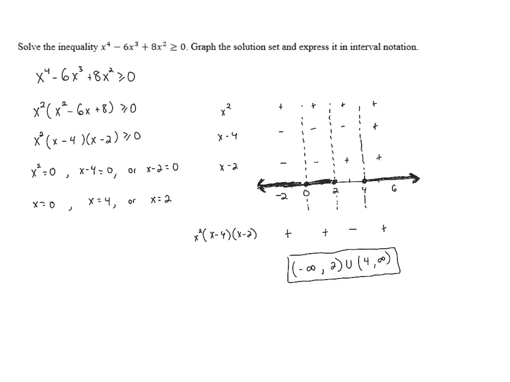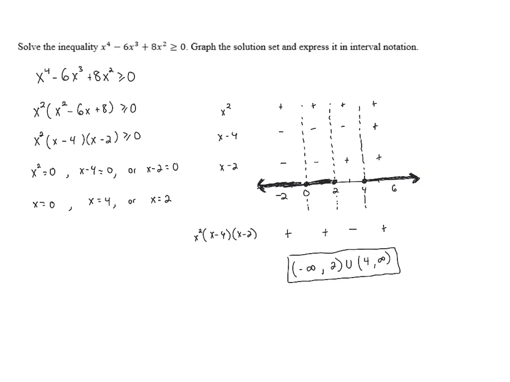Now, I do want to explain one more little thing here. This is just tangential. We recall from an earlier video that there's a relationship between this number line and then also the graph of y equals x to the fourth minus 6x cubed plus 8x squared. Because we wanted to see where this is greater than or equal to 0, these intervals correspond to where the graph is above the x-axis, because those are positive values of y.